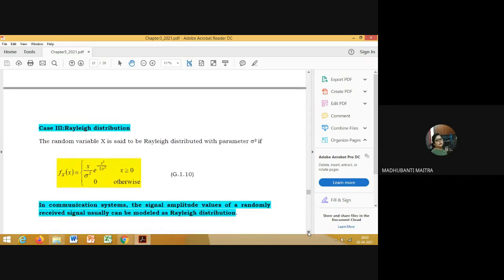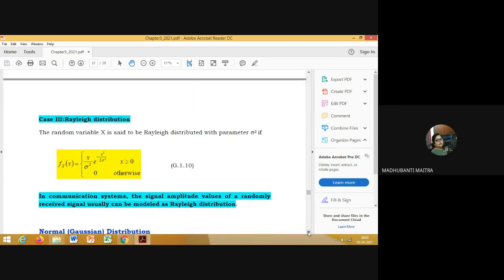Now, another very important distribution function is commonly used in wireless communication, though there are other applications. The random variable x is said to be Rayleigh distributed with parameter sigma square if the density function is x by sigma square e to the power minus x square by twice sigma square, for x greater than or equal to 0, and 0 otherwise.